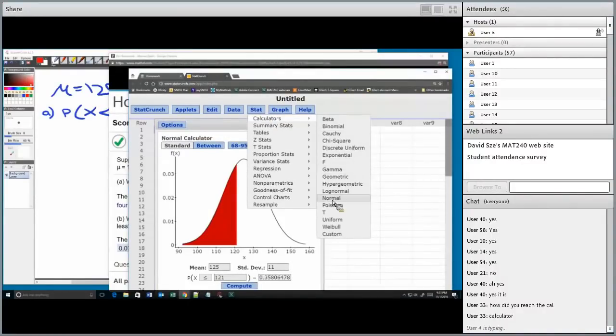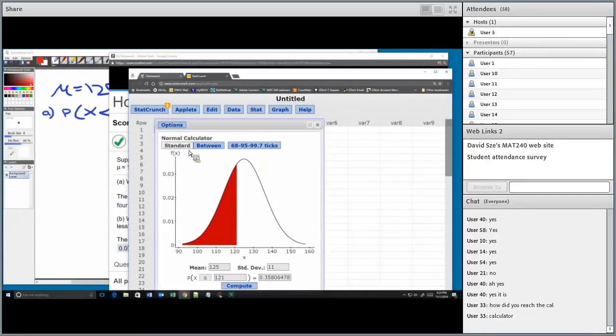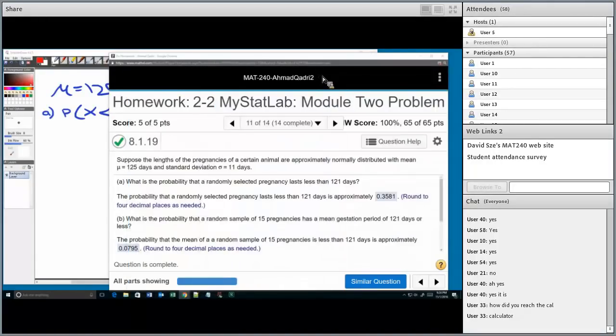Okay, so we went through this in detail in yesterday's webinar. So have a look at that, where I actually explained in quite a bit of detail how to use this calculator. This is the calculator I just used. And we also use the two options, standard and between.